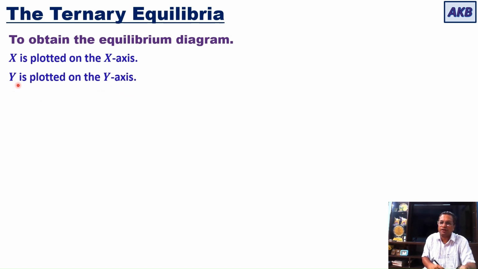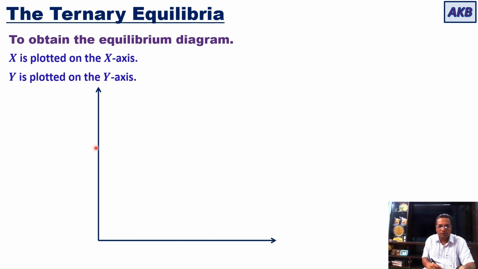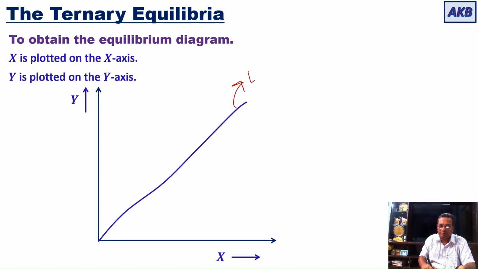Capital Y is weight fraction of C on C-free basis in the extract. So if you plot capital Y on the y-axis and capital X on the x-axis, you are going to get a curve, and that will be the equilibrium curve. So this is the equilibrium curve.